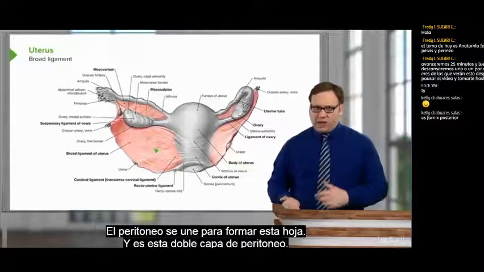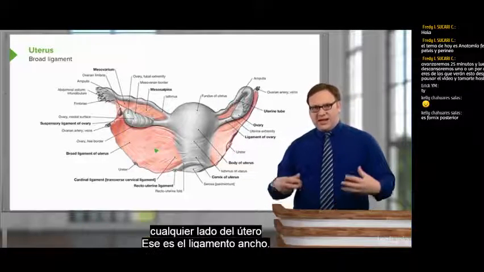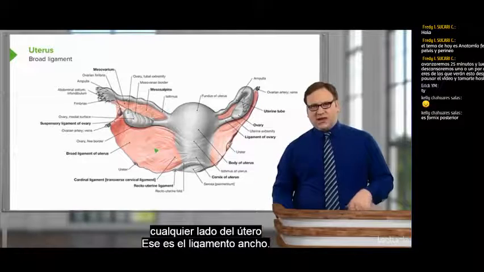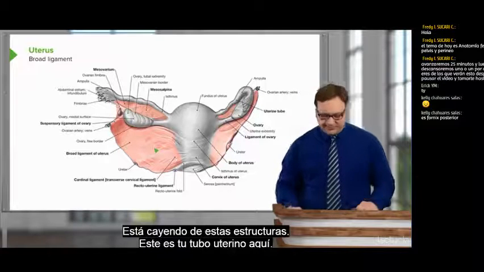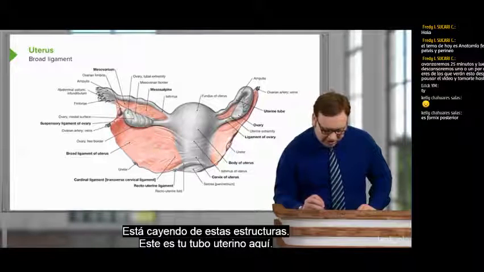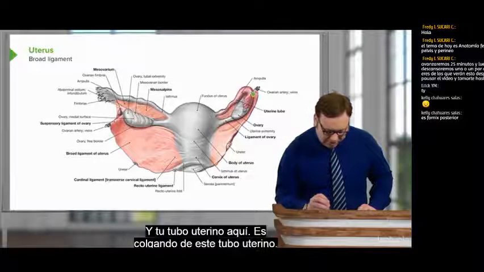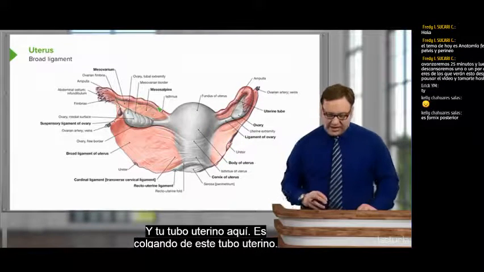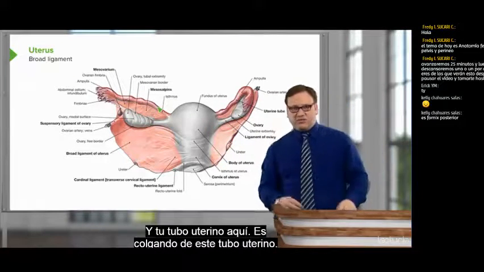And it's this double layer of peritoneum either side of the uterus that is the broad ligament. It is draping down from these structures. This is your uterine tube here and your uterine tube here. It is hanging down from this uterine tube.